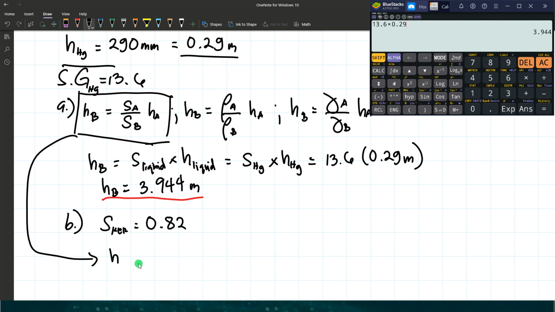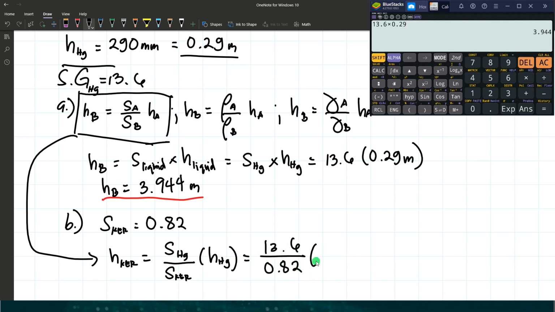So the height for the kerosene is equal to the specific gravity of A, which is mercury, over the specific gravity of kerosene, multiplied by the pressure head of mercury. So substitute now. Specific gravity of mercury 13.6 divided by 0.82 times 0.29 meters.